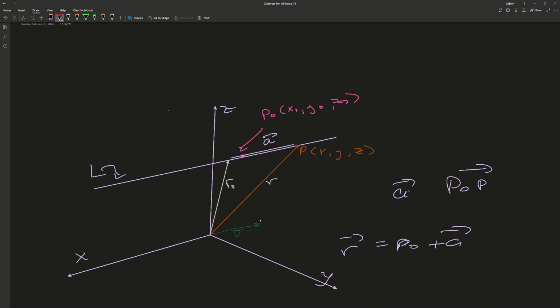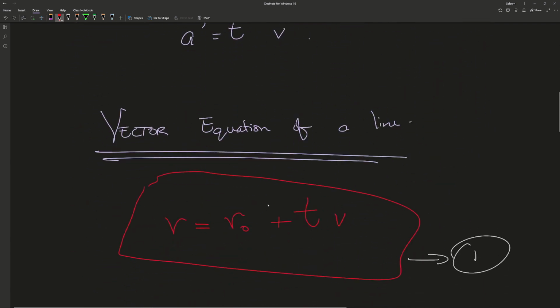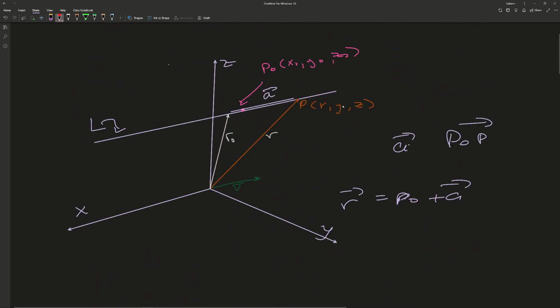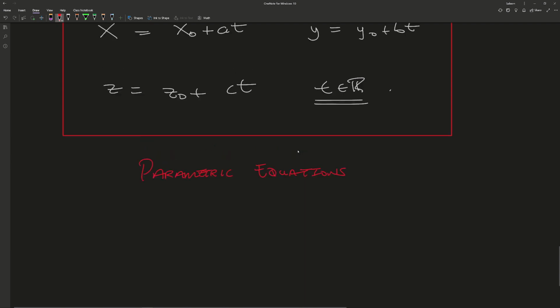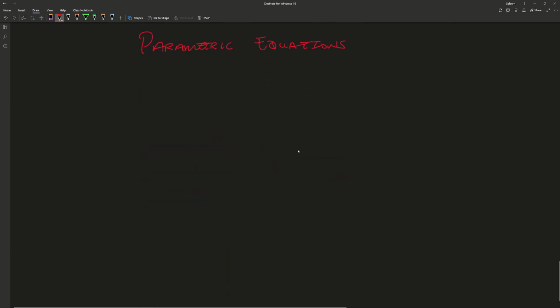So we see that each value of my parameter here, which I introduced as t or lambda or whatever, will give a point, and this point xyz is on this line L. So these are my parametric equations here. So let's actually write that down.